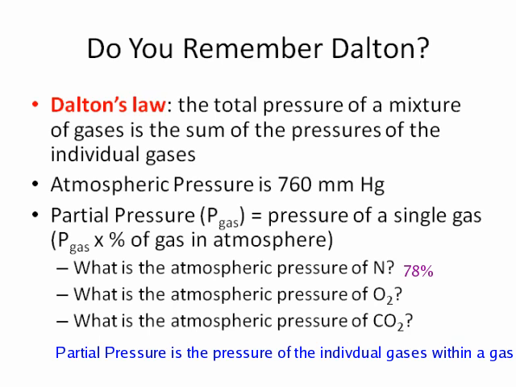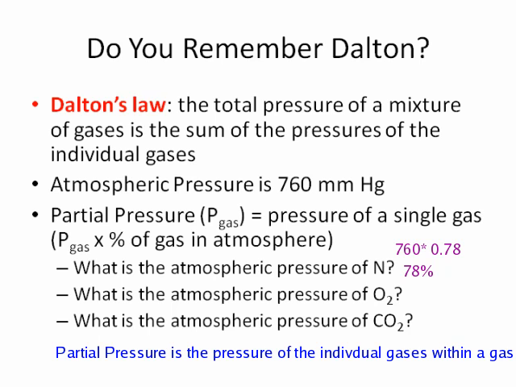If we times that 78% times 760, so in other words, 760 times 0.78, what we end up with is 593 millimeters of mercury. So nitrogen, out of that 760 millimeters of mercury, basically contributes 593 millimeters of mercury to the atmospheric pressure.